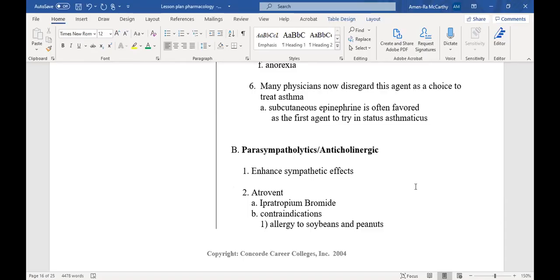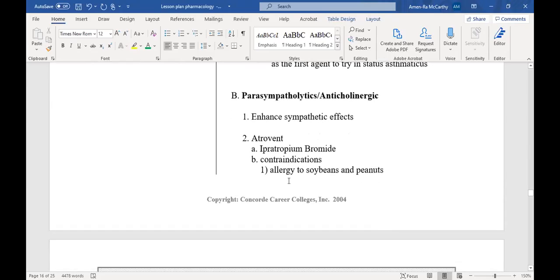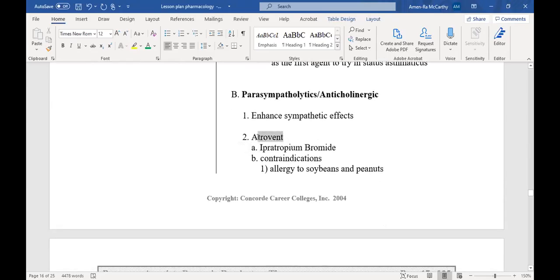Okay, so what drugs fall under that category? Here we go. Atrovent, which is the trade name for ipratropium bromide. It is an anticholinergic drug.